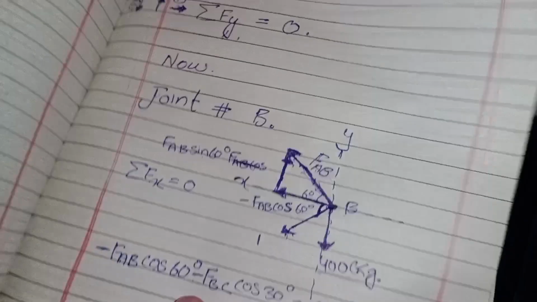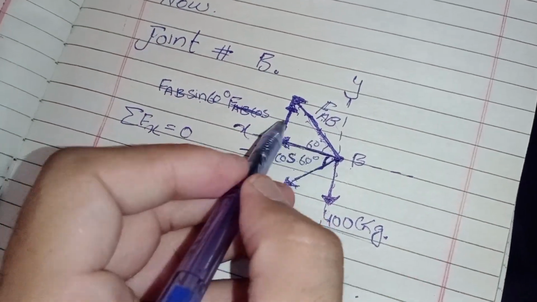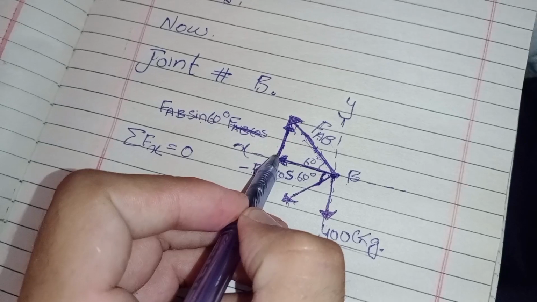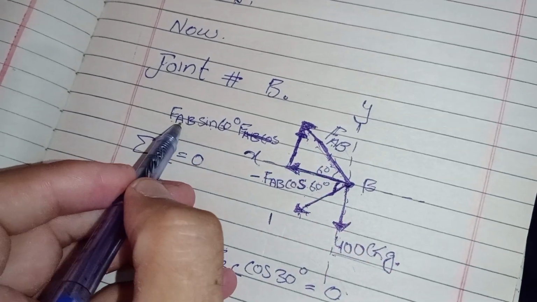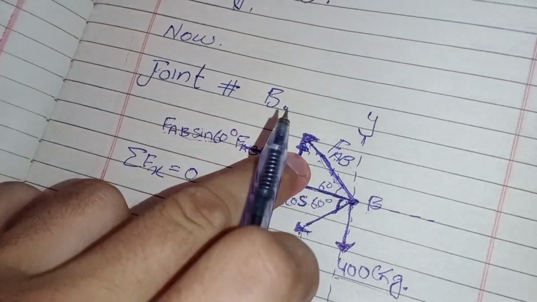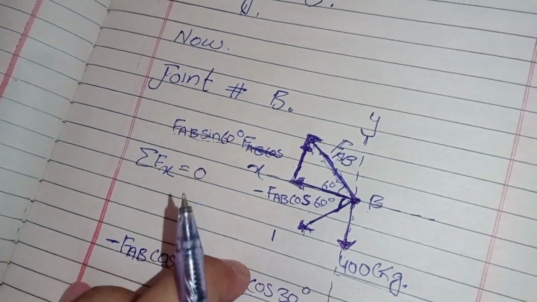And also this is the vertical component of this force, F of AB sine 60 degree, this is up and we will take it positive.